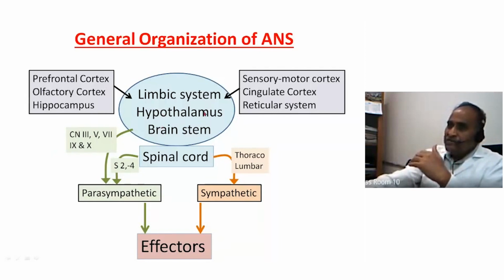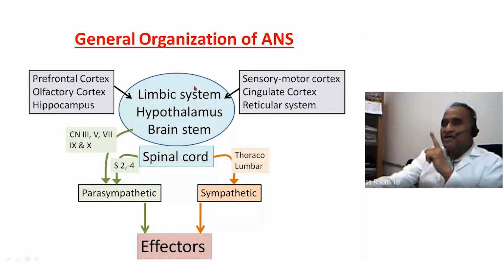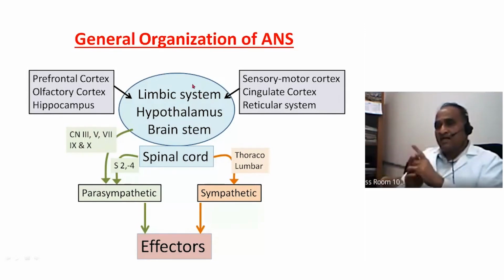Now, the hypothalamus in turn is governed by the limbic system, especially the amygdala. The amygdala is a part of the limbic system, which is a nervous tissue which governs our emotions. You have different types of emotions.